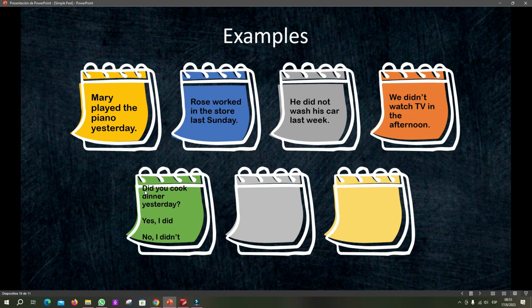Dinner yesterday. Did you cook dinner yesterday? Yes, I did. That would be the affirmative answer, we can say it. Or no, I didn't, the negative one, right? So, remember, you don't need to add extra information here. No, that is not necessary. So, yes, I did, and that is the answer. Or no, I didn't, and that's it, right?